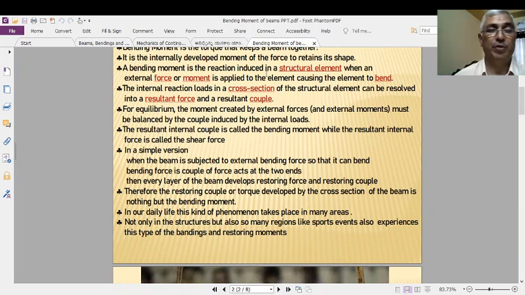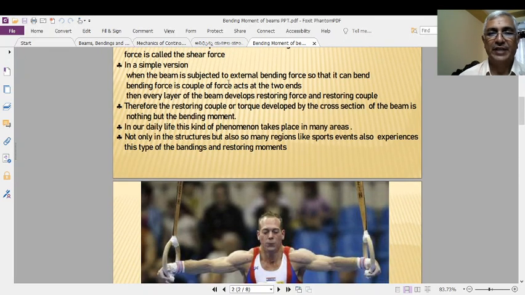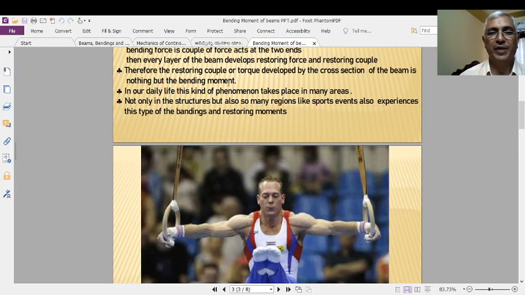This restoring couple gives the restoring moment or restoring torque, which in turn is a measure of the bending moment. Of course, all these things are very familiar to you. For equilibrium, the moment created by the external forces must be balanced by the couple induced by the internal loads, that is, the restoring loads. So, very simply, the bending moment is measured by means of the restoring moment or restoring torque.